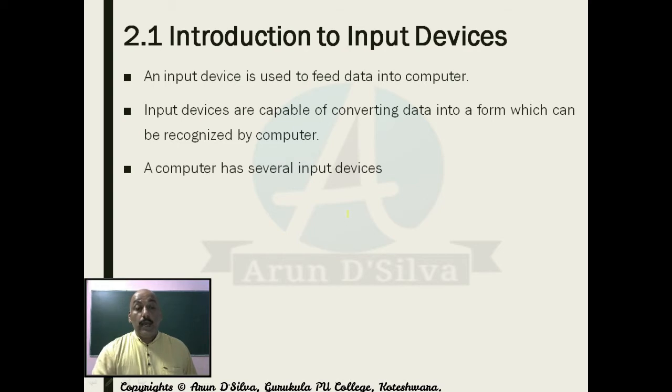Okay, so I'm just asking you: computers have many input devices, right? Can you name some of the input devices which you know, which you have come across? You're just listing them out, right? Normally the first name that comes to mind when I talk about input devices is, of course, the keyboard.